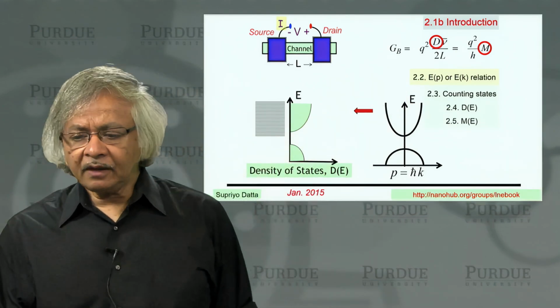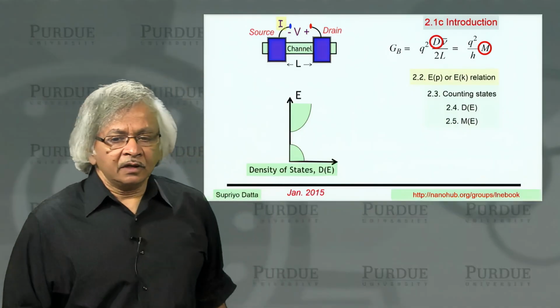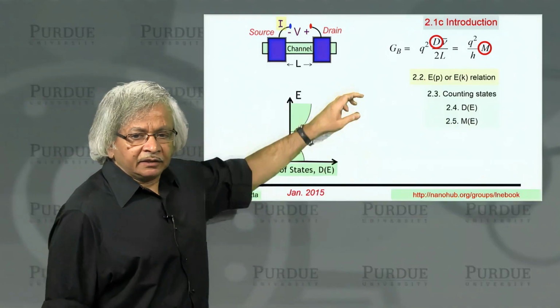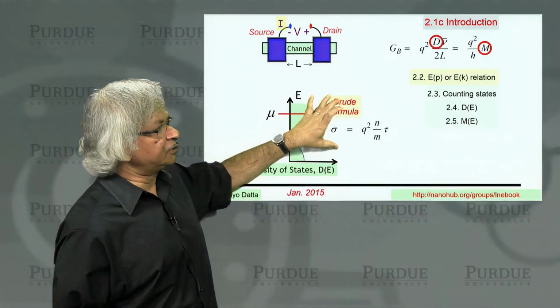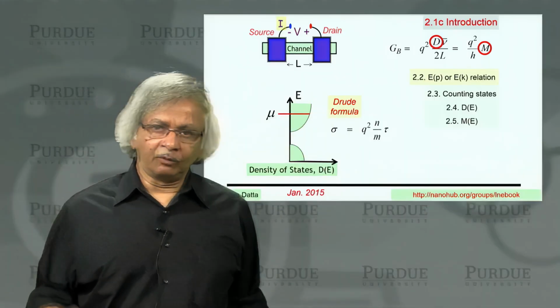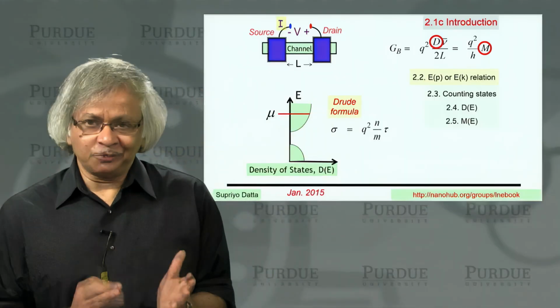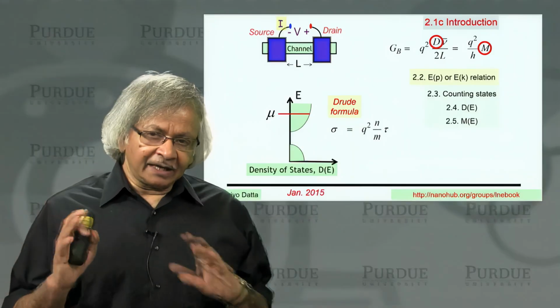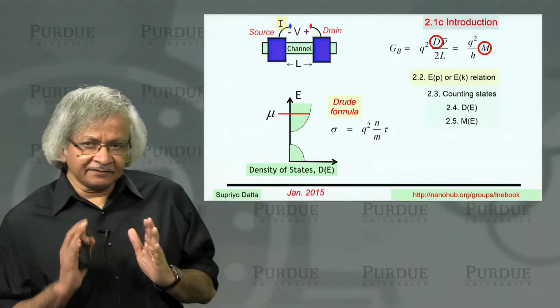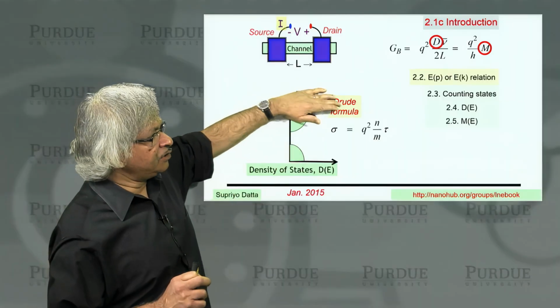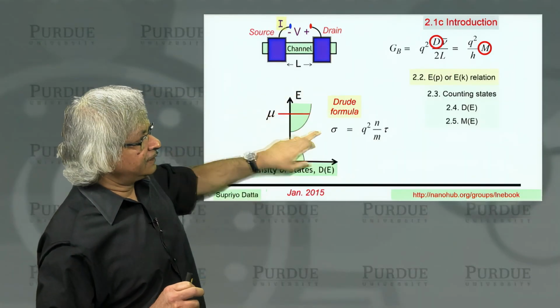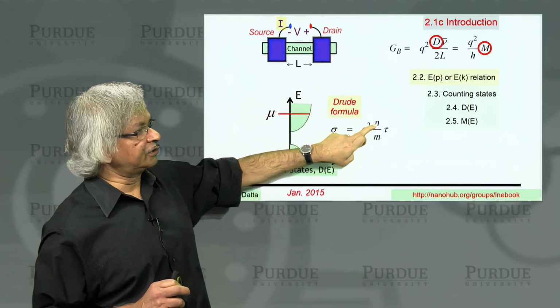Okay. Now, another thing that we want to do here is connect up to this Drude formula, the one that I mentioned, what you might call the old perspective. And as I had mentioned in Unit 1, a central difference between the two perspectives is that when you use this Drude formula, the conductivity depends on the electron density.